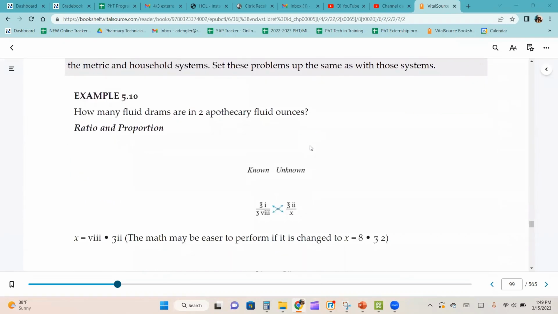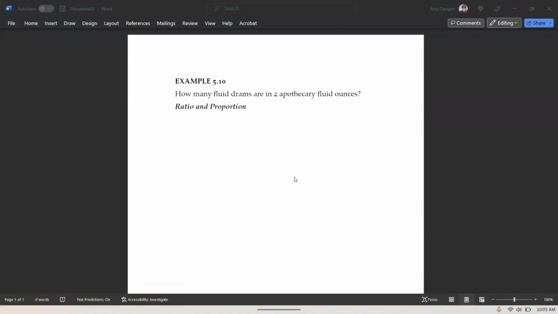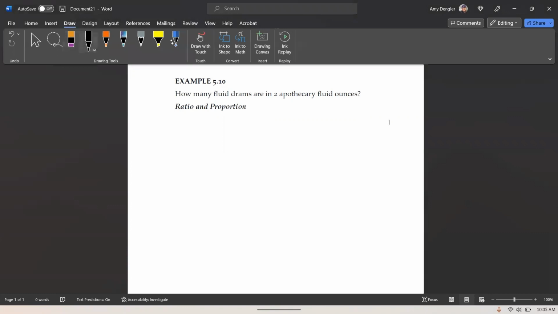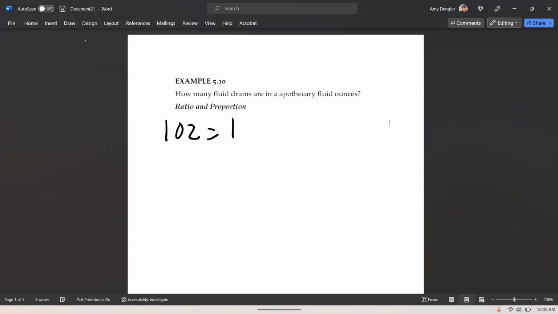All right, so we'll go ahead and do example 5.10. If we look at our conversion sheet, we can see that 1 fluid ounce is equal to 8 fluid drams. So I'm going to put 1 fluid ounce equals 8 drams on one side of a proportion.